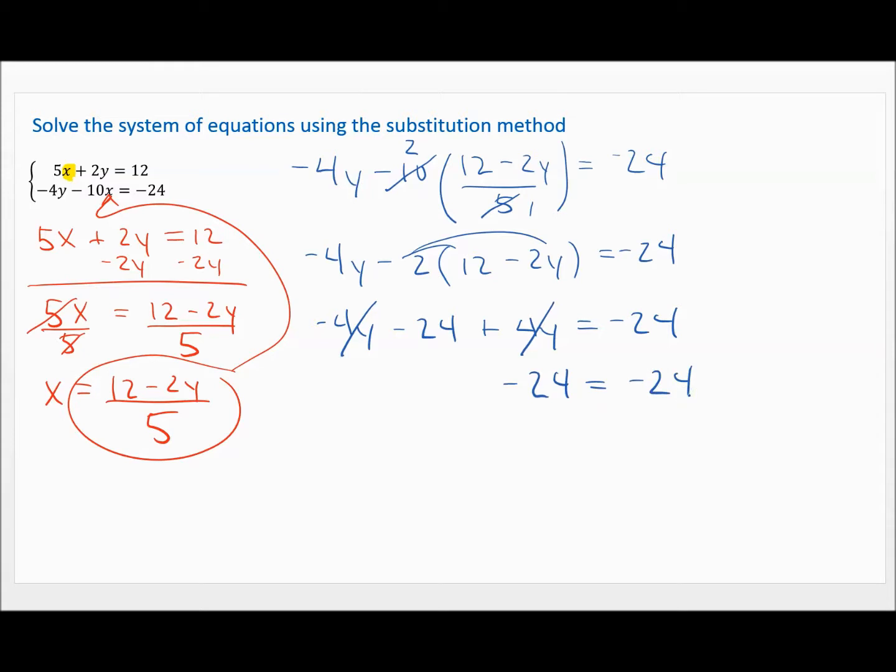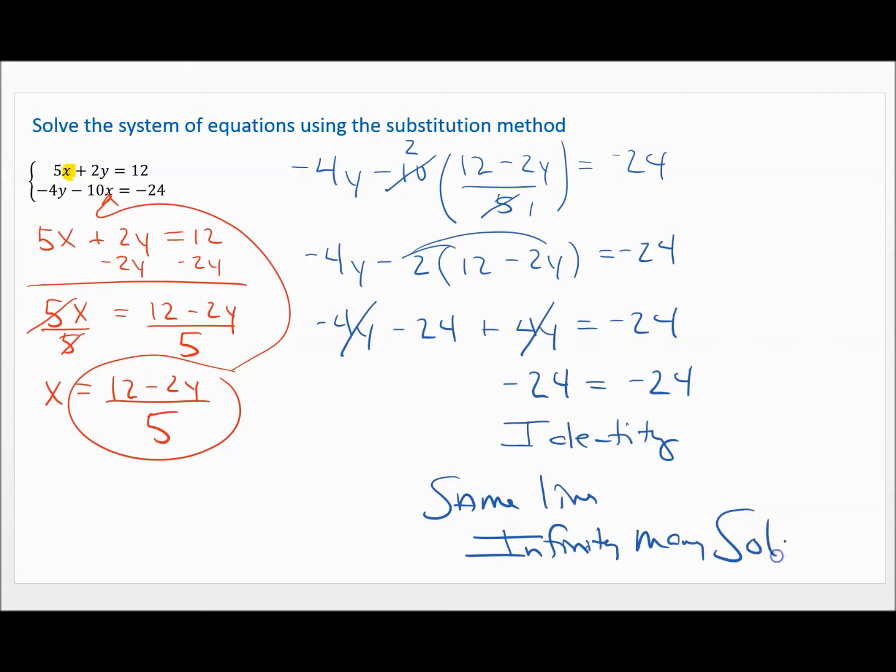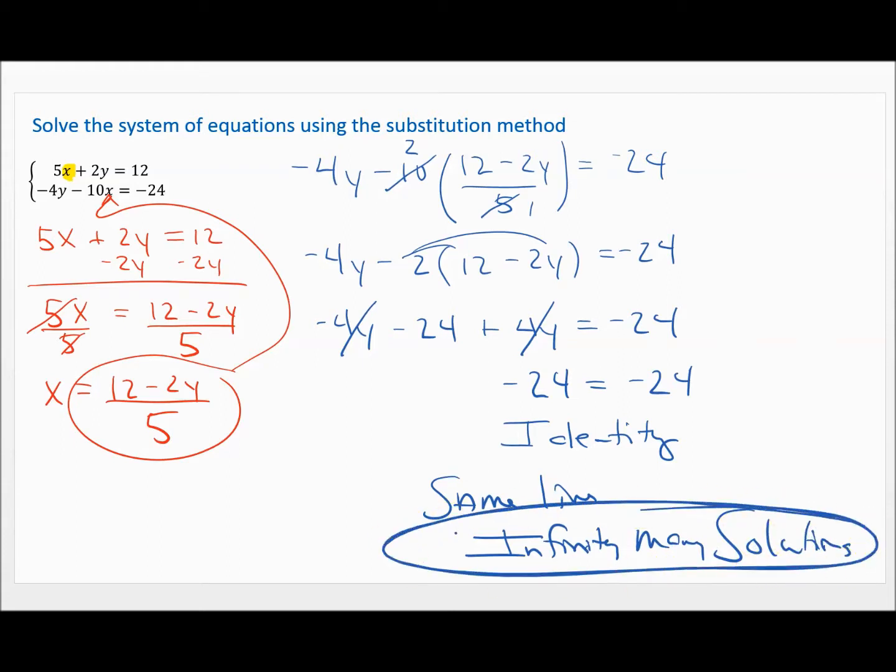Do you remember what that means? Well, first of all, I have this idea of an identity. This is an identity equation. What that means is I have the same line. There are infinitely many solutions. Now, you'll have to pay attention to how the homework reads, how they want you to answer that question.